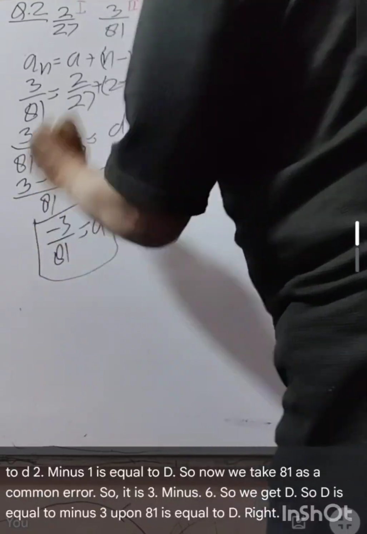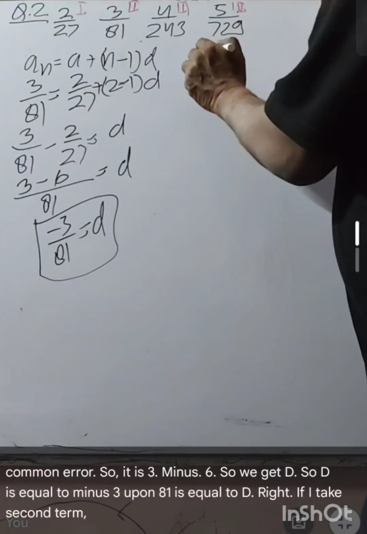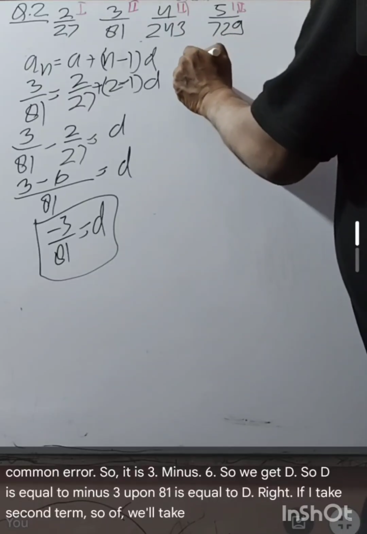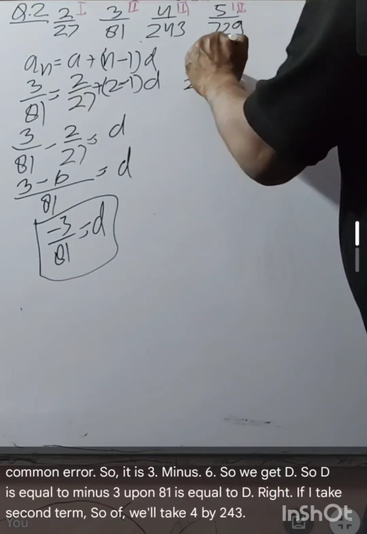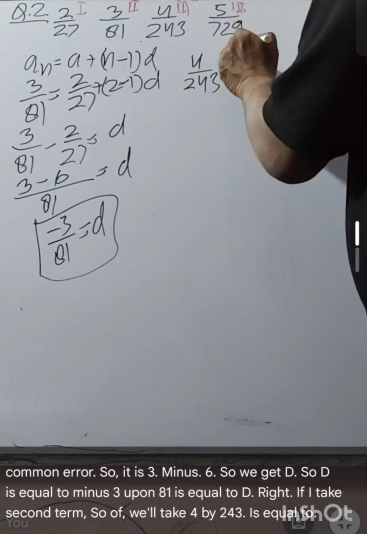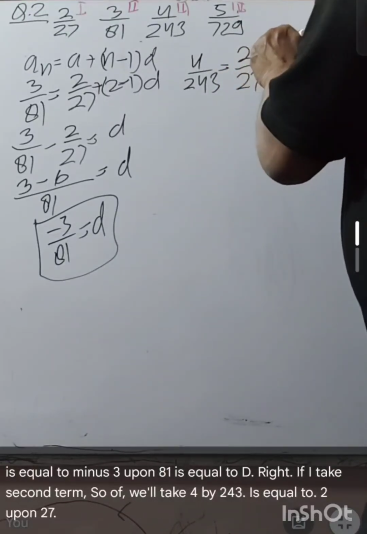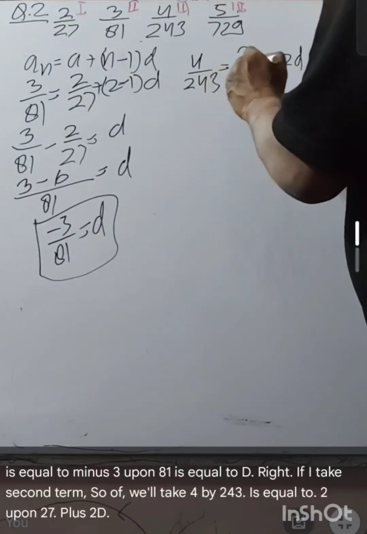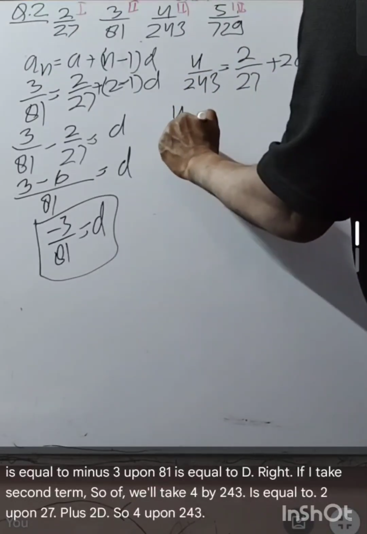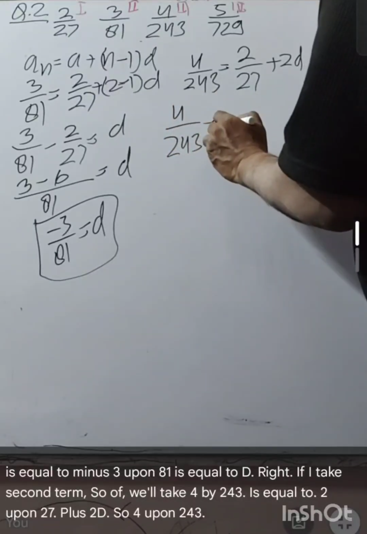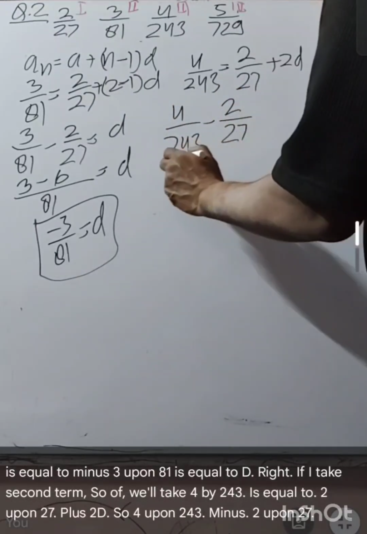Right? If I take the second term, 4 by 243 is equal to 2 upon 27 plus 2d. So 4 upon 243 minus 2 upon 27.